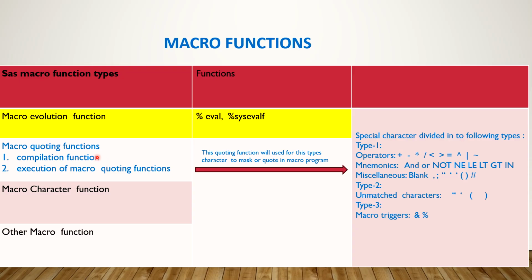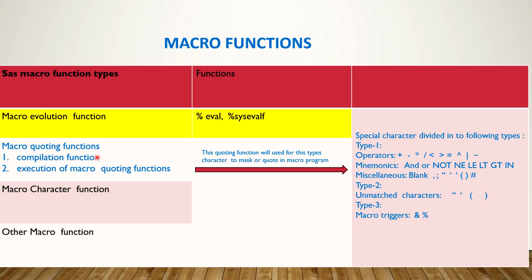So we have discussed macro variable creation and scope of macro variables. Now, macro functions. In SAS there are macro functions: macro evaluation functions, macro quoting functions, macro character functions, and other macro functions.